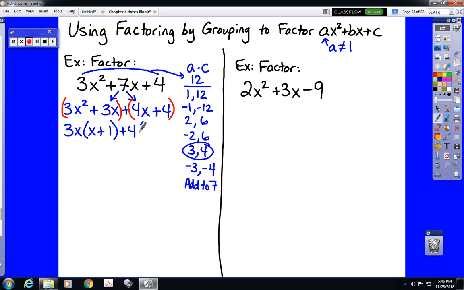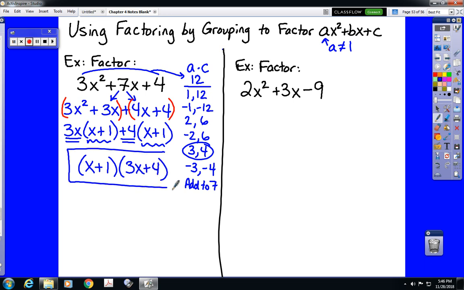Second set, I would factor out a 4, which would leave x plus 1. Just like before, we're going to factor that x plus 1 out. That's one of our factors. And the other factor will be made up of the stuff that's left in front, 3x plus 4. So there is the factored form of our trinomial.